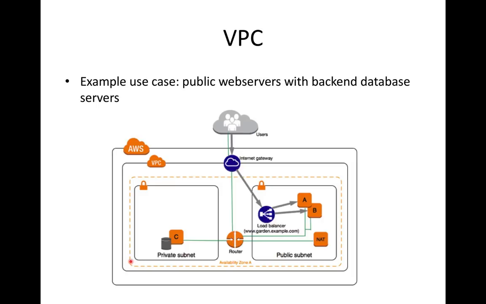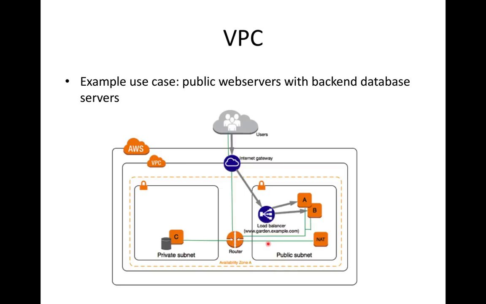Within that VPC, you see multiple subnets, and the subnets allow us to partition the network address space within the VPC into smaller segments. Each subnet within the VPC has one or more EC2 instances.